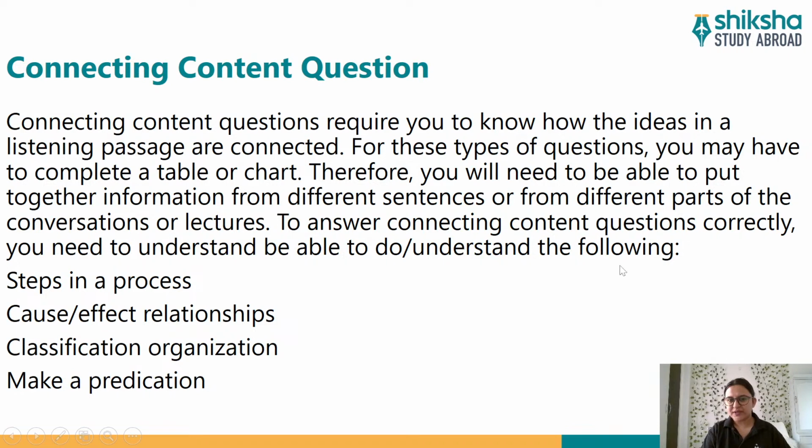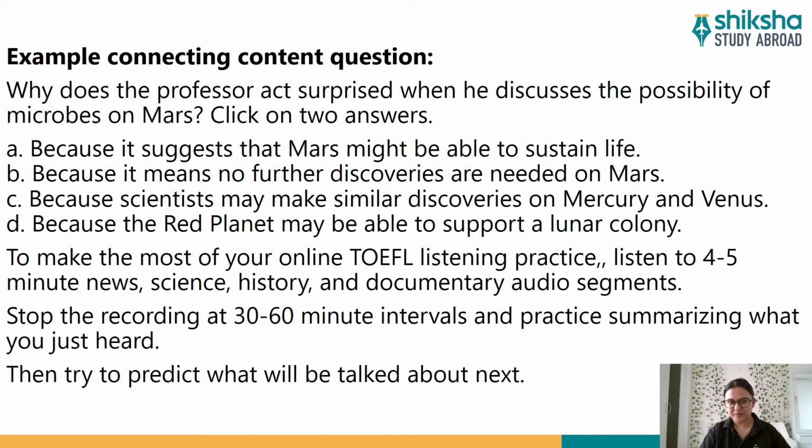To answer connecting content questions correctly, you need to be able to understand the following: steps in a process, cause and effect relationships, classification and organization, and making a prediction. These are the four things you should look out for in completing these kinds of questions.